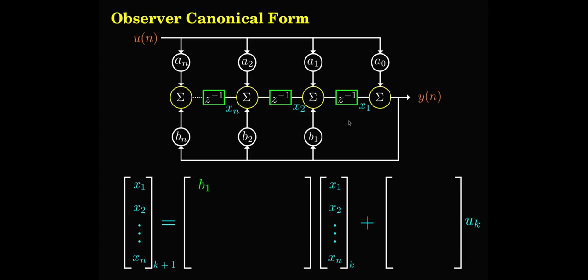So if this is x1 k, this will be x1 k plus 1. This value here equals the value coming from here, the value coming from here, and the value coming from here, right? So x1, this state passes through like this to b1 and then appears here. So that's why b1 into x1.